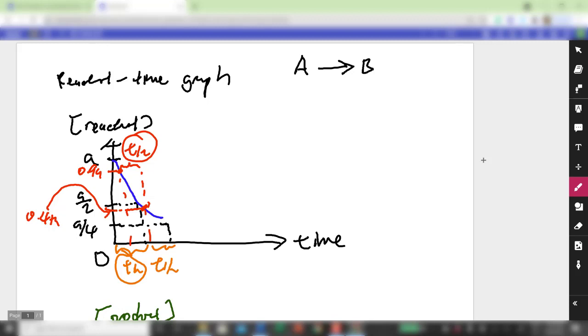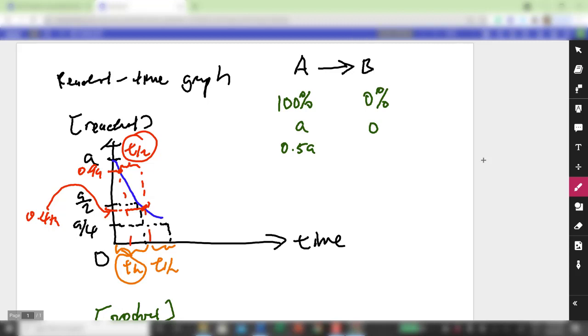For example, let's say going from A to B. If it begins with 100% A and we have 0% B, in our case that will be A and 0 here. After the first half-life, I'm going to get 0.5A.